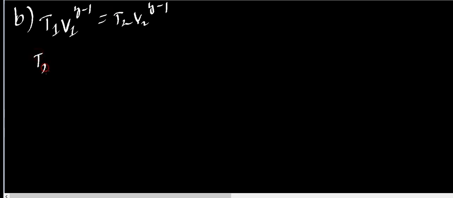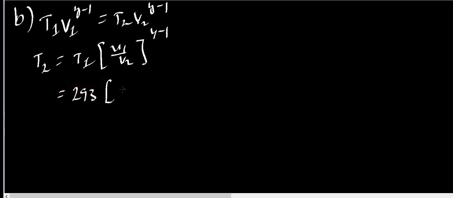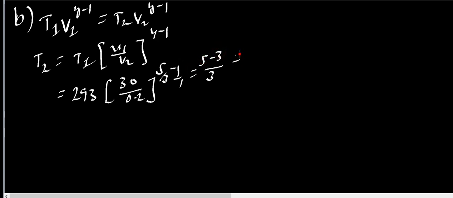From this, the new temperature T2 equals T1 times (V1 over V2) to the power of gamma minus 1, which is 293 times (30 divided by 0.2) to the power of 5 over 3 minus 1. That is 5 minus 3 over 3, so 2 over 3, almost 0.67.